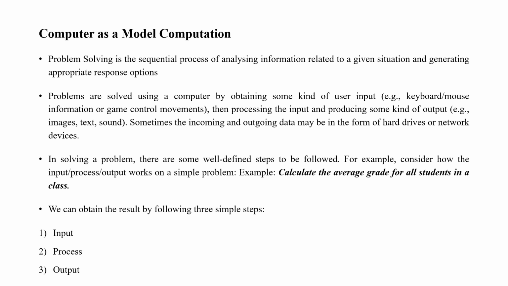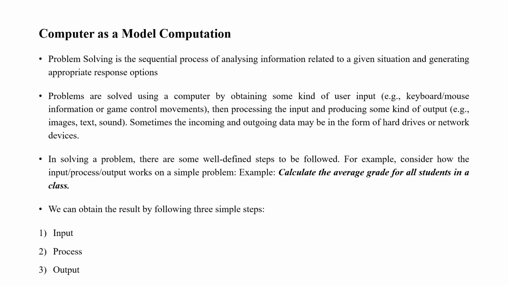Solving a problem using the computer system can be done using the input, that is the keyboard, the mouse, information or game control movement, and then the processing. You can also get your outputs when you solve a problem.